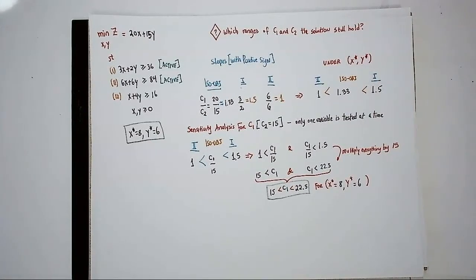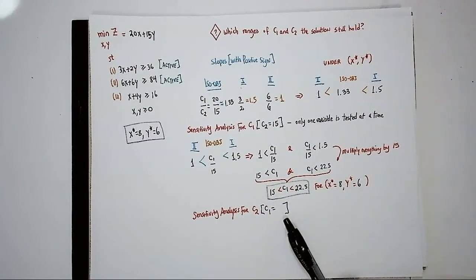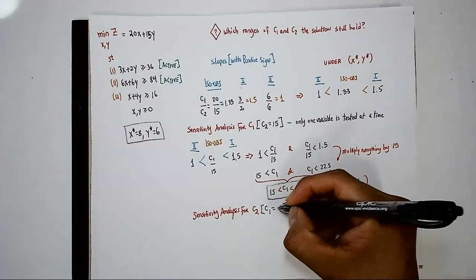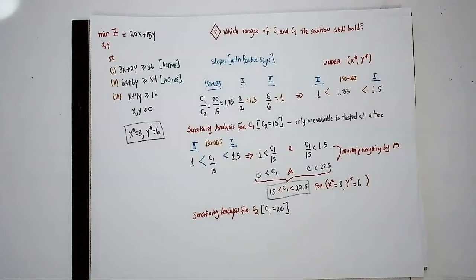Let's continue with the sensitivity analysis for the coefficient of y. For this case, we assume that the coefficient of x is given and is already known that the coefficient is 20.